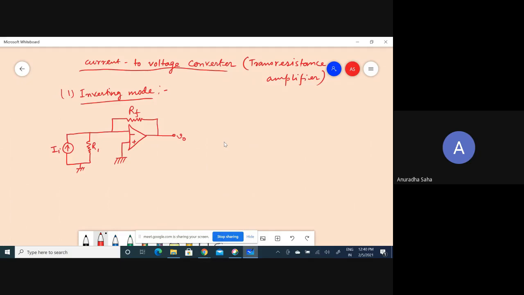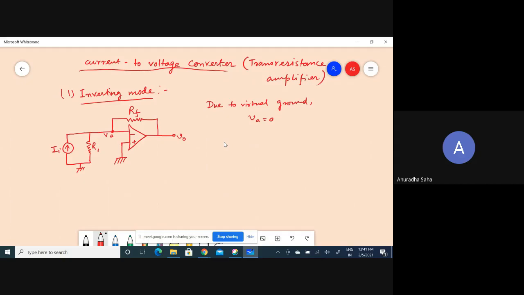So now if this is the node A, I can write that the voltage at node A can be denoted by VA, and all of us know now the concept of virtual ground. So due to virtual ground, we can write that this VA must be equal to 0, since obviously these two terminals should have the similar potential.